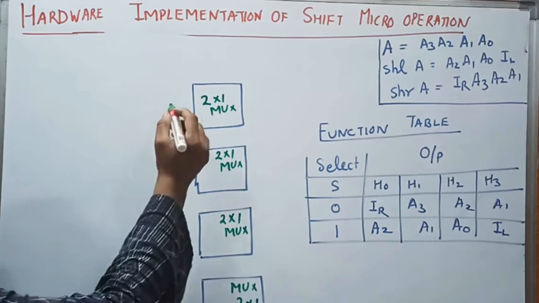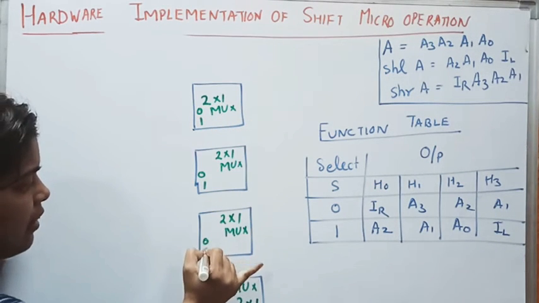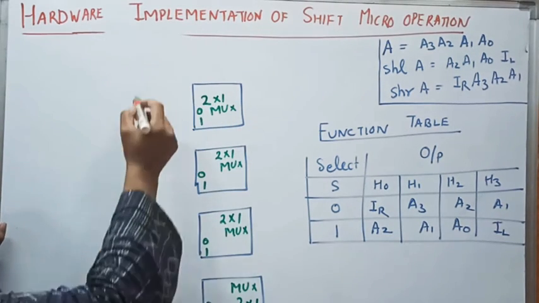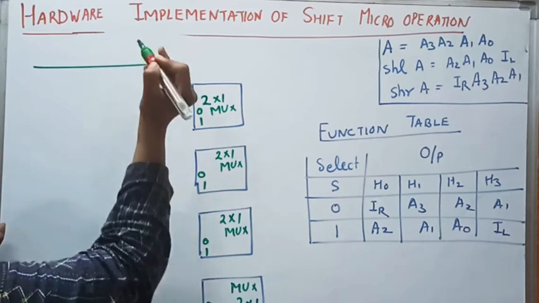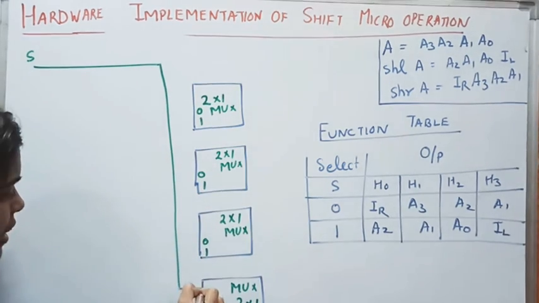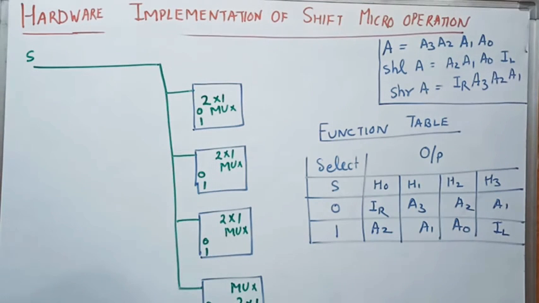Now what is going on? 2 cross 1 means there are two values, 0 and 1. These are the input values, 0 and 1. And this particular selection line is there. Suppose this is your selection line, that is S. S goes to each and every multiplexer. Now, what is the output?